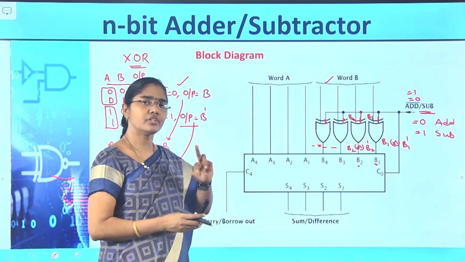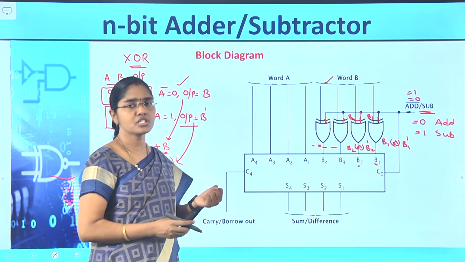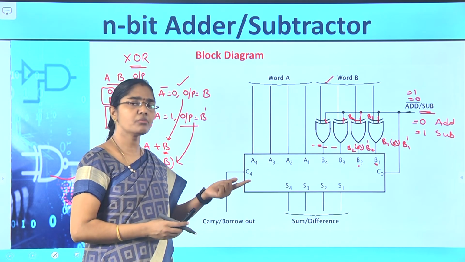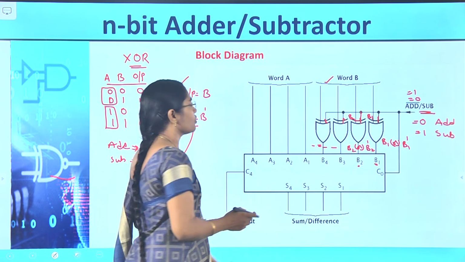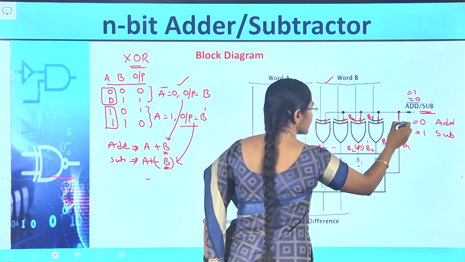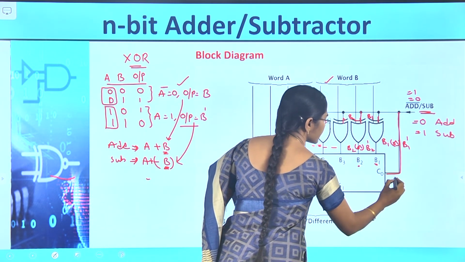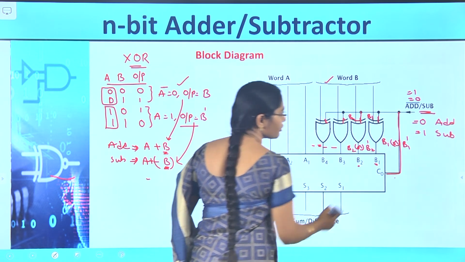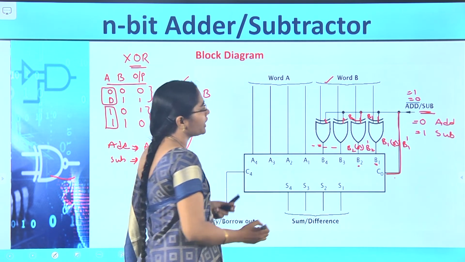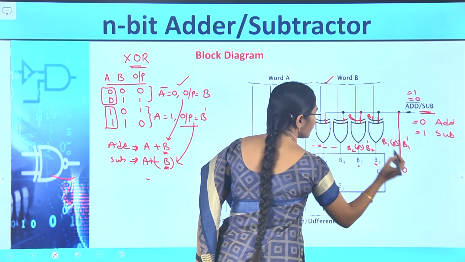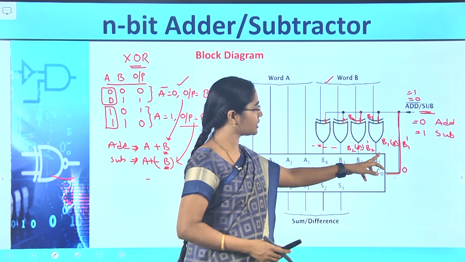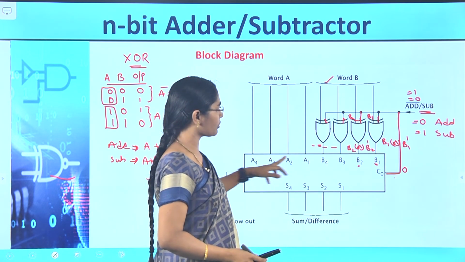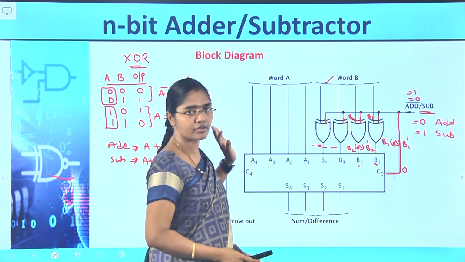Then for the subtraction, we need the 2's complement. 2's complement means what? 1's complement plus 1. The 1 is applied at the LSB. So the same control signal is applied as the carry-in at the LSB. When add bar subtract is equal to 0, what are we doing? Addition. That means 0 plus B1, B2, B3, B4 plus A1 to A4.